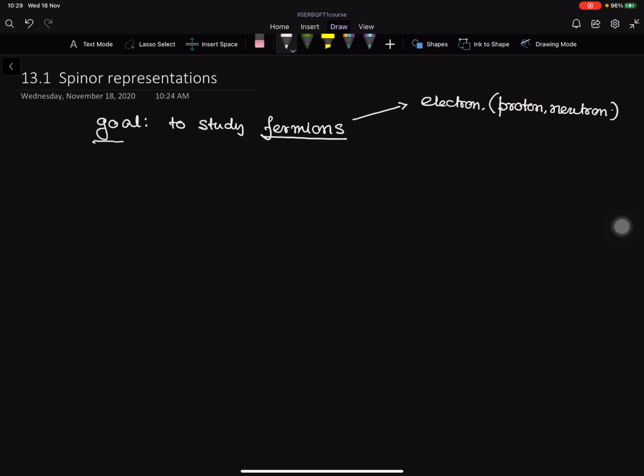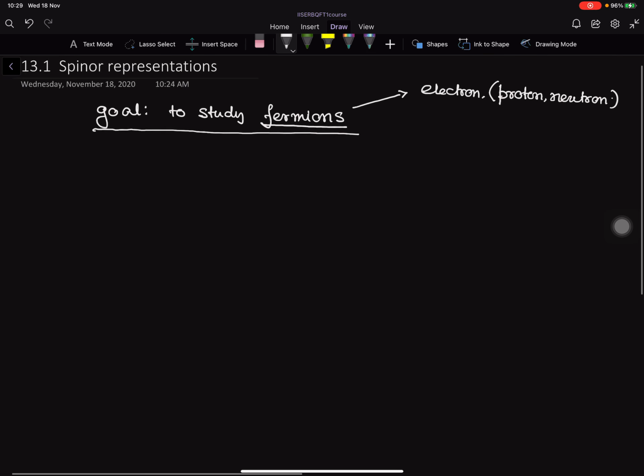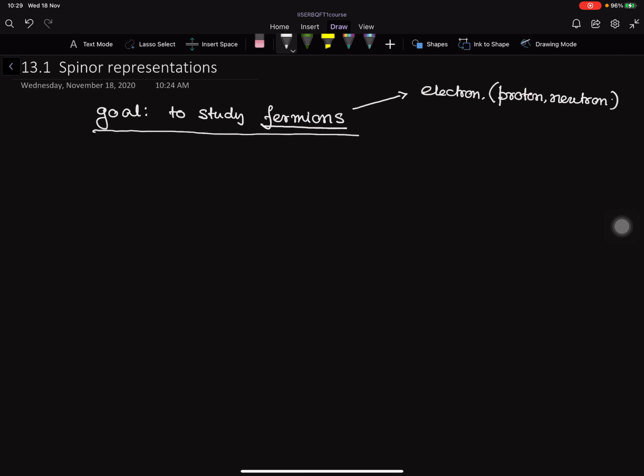So before we move on to the details of the fermion, let's first do some mathematical aspects, and these mathematical aspects are known as spinor representations.